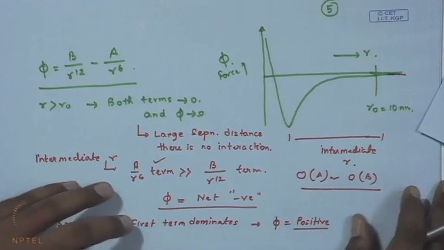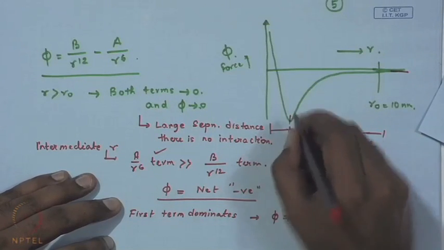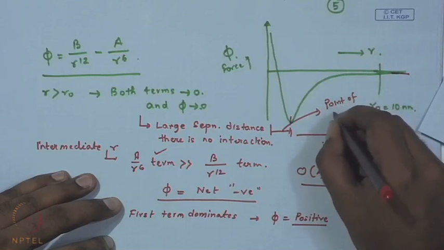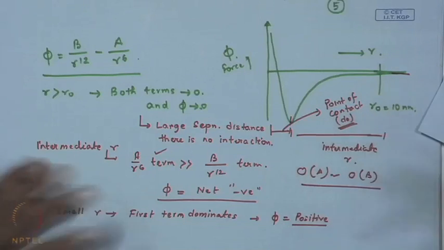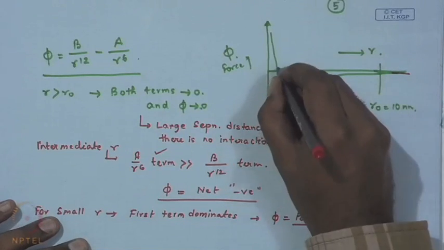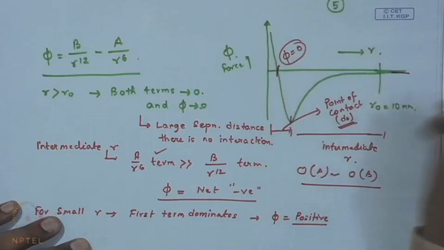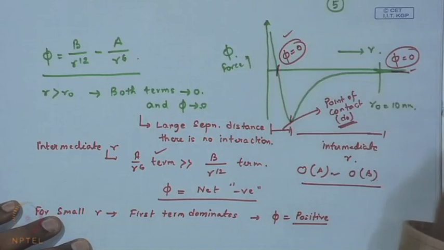Two important points are this point, the point of contact, where the separation distance is d0 between two surfaces, let us say, and this point is also important. Here again phi is equal to 0, but there is a difference between the phi equal to 0 over here and phi equal to 0 over here.